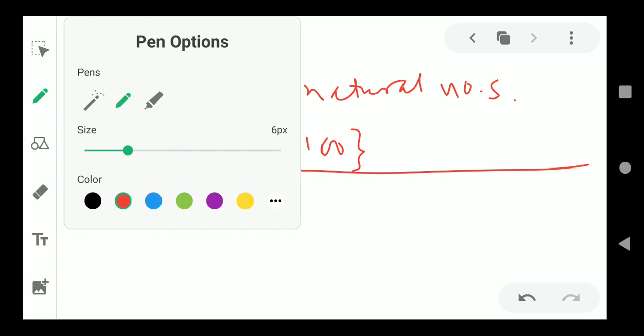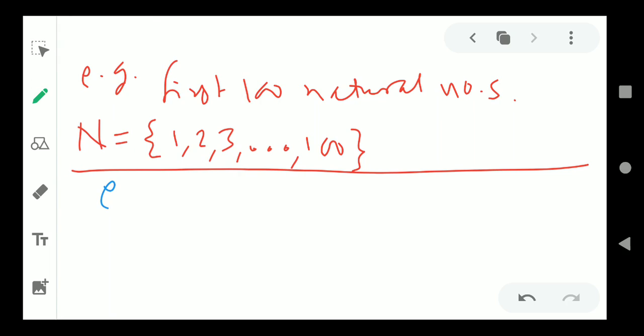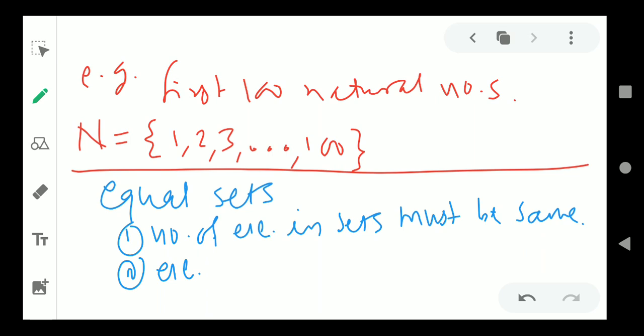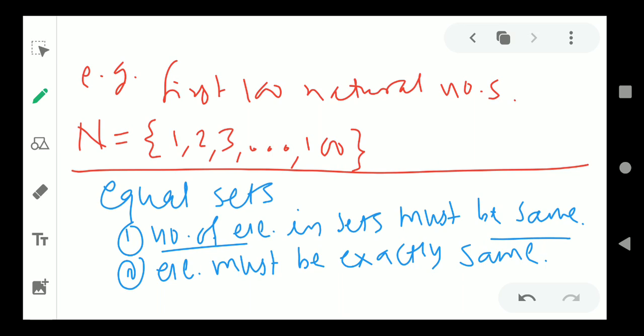Now we will see the concept of equal sets. There are 2 rules for equal sets. First rule: the number of elements in the given sets must be the same. And second, elements must be exactly the same, meaning matching.